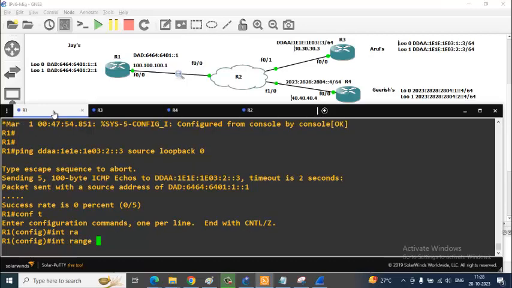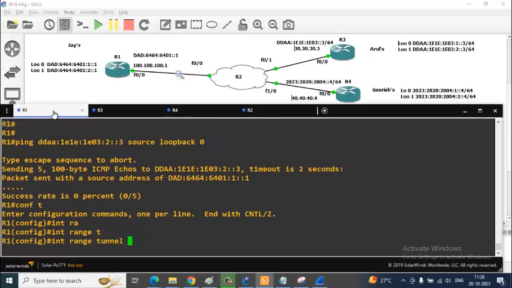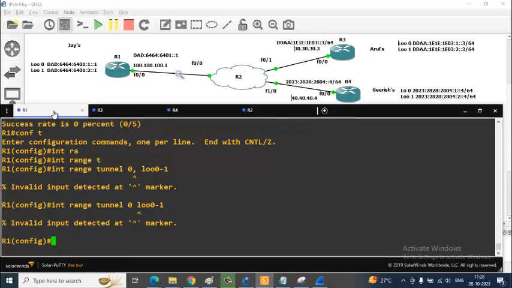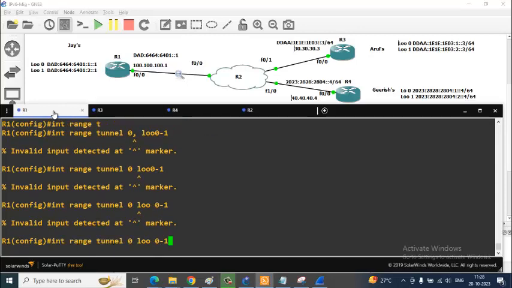Interface range tunnel 0, comma, loopback 0-1. So let's do, I think the range is not happening.